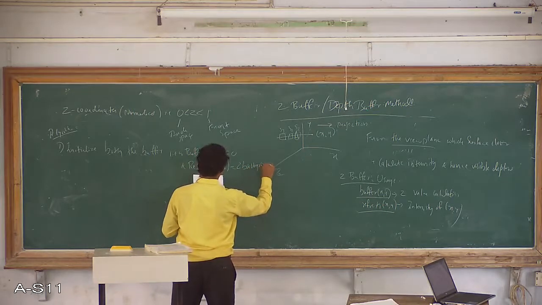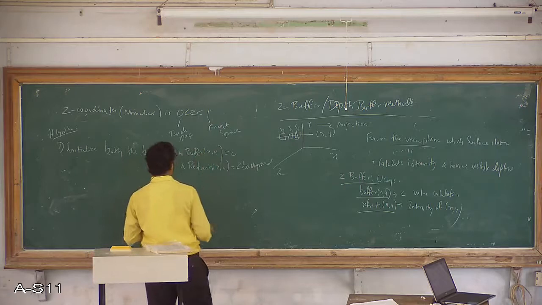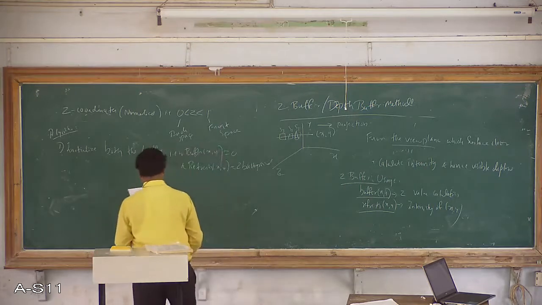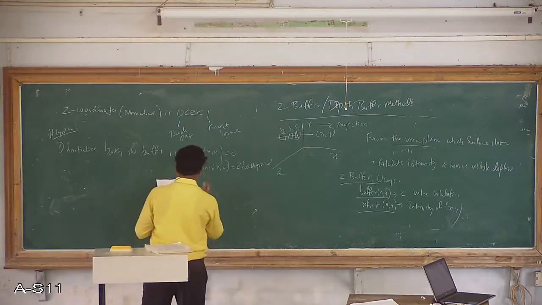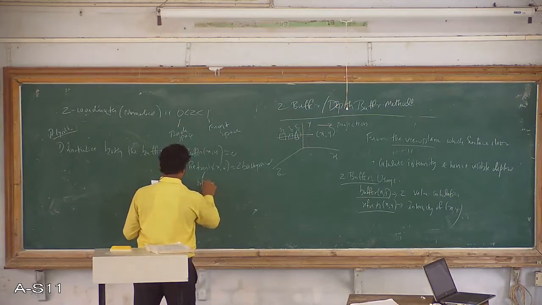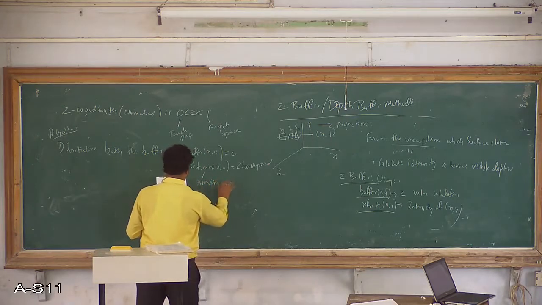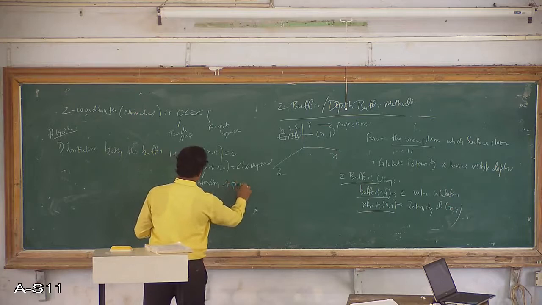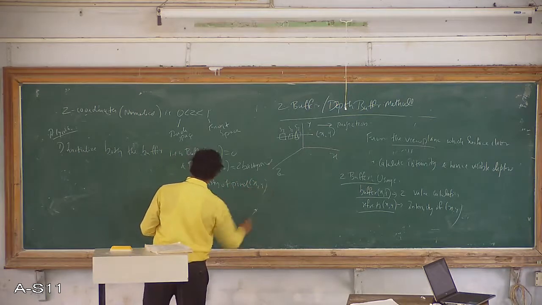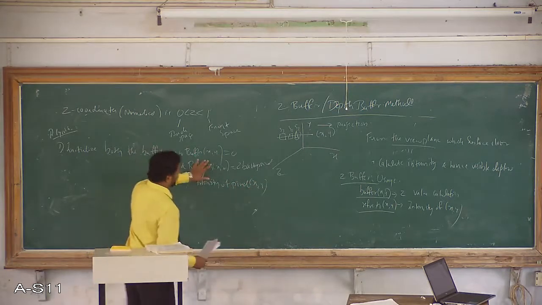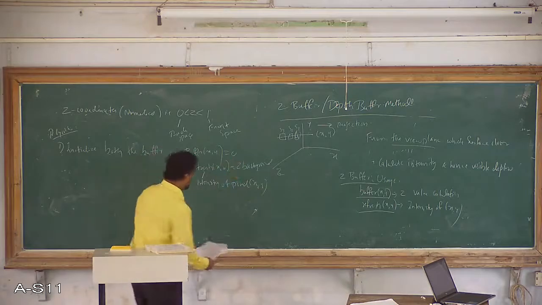Z background is the value of z. This actually contains the intensity, right? Intensity of pixel x comma y. That is the current pixel for which we are going to calculate the z value.